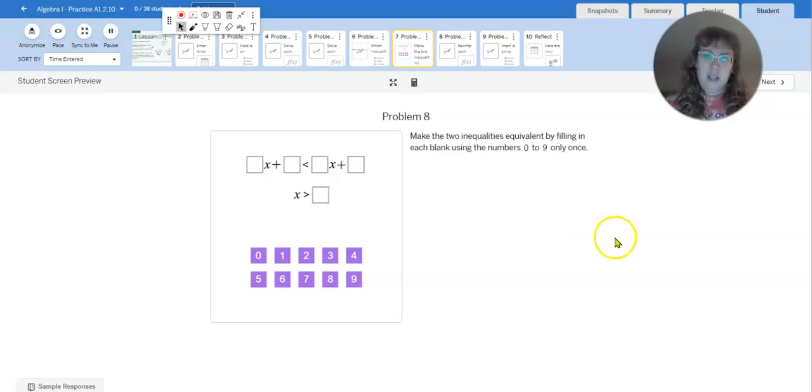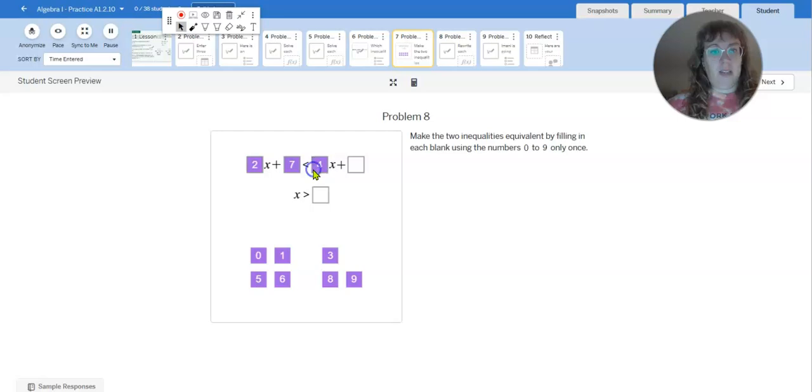Make two inequalities equivalent by filling in each blank using the numbers 0 to 9 once. Okay. So let's do 2x plus 7 is less than 4x plus 1. And let's solve it and see what we get.